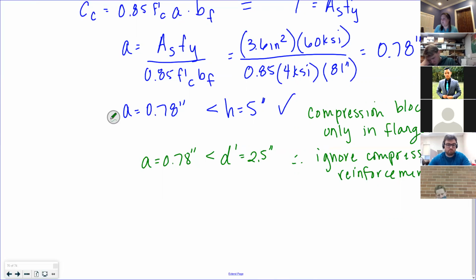Right, that's the depth to the compression reinforcement, 2.5 inches. Since my stress block is less than that, that compression reinforcement isn't in compression. Well, likely not in compression. That's just an aside. We said we were ignoring it anyway. But there's a reason to ignore it because it's not in compression.